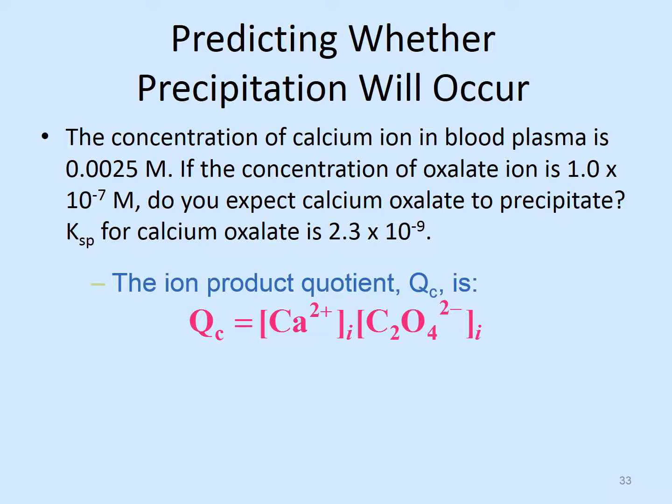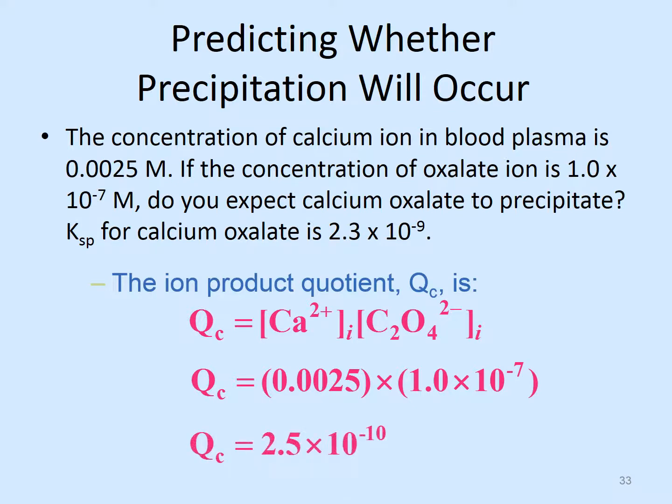So we know our initial concentrations, what we're trying to figure out is, will it precipitate or not? So we can plug those values in. So 0.0025 times 1 times 10 to the minus 7th, and we get a value of 2.5 times 10 to the minus 10th. So the question is, will calcium oxalate precipitate?